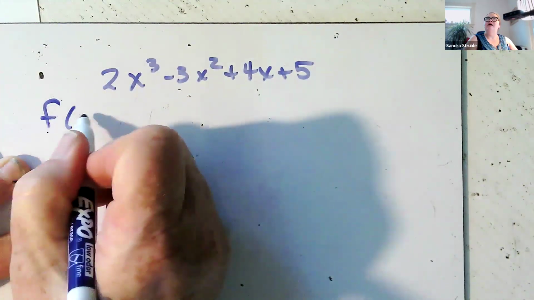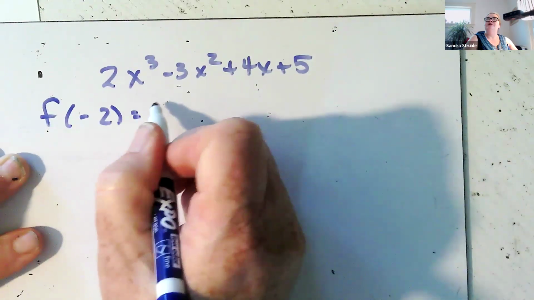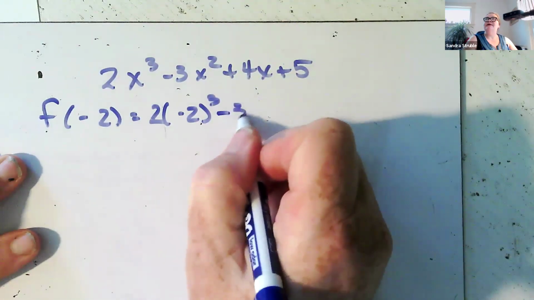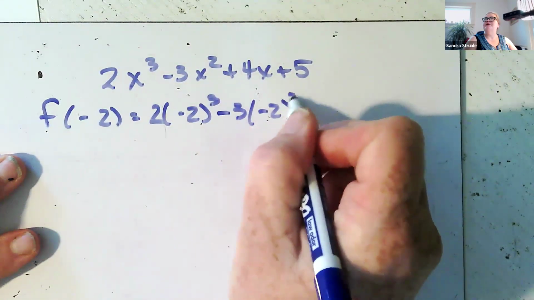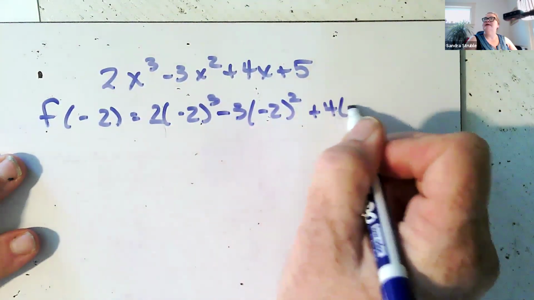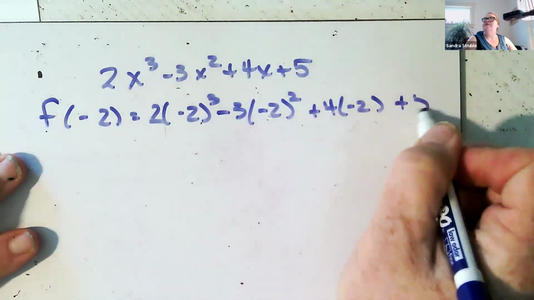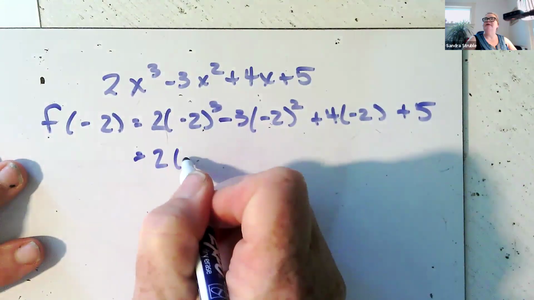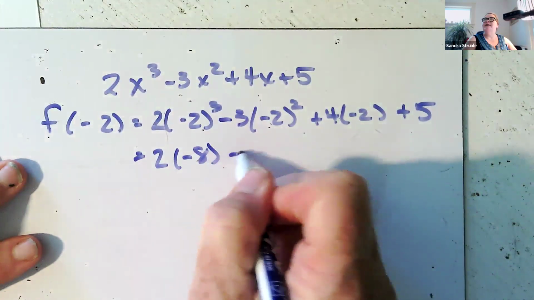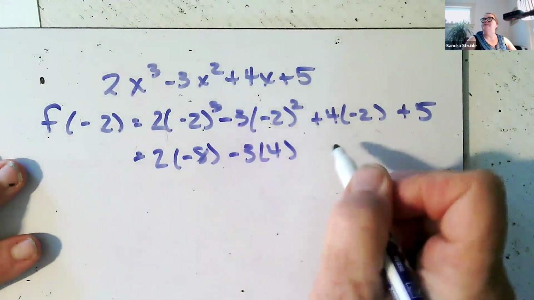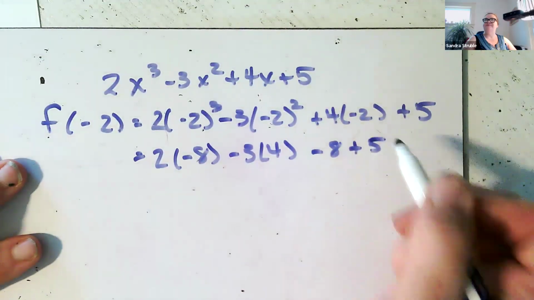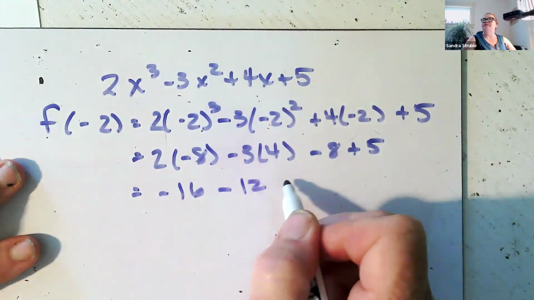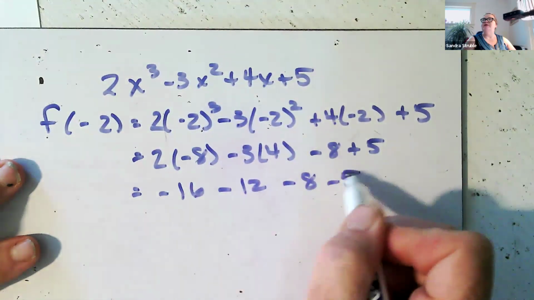So f of -2 is 2 times -2 cubed minus 3 times -2 squared plus 4 times -2 plus 5. We just need to combine these. So this is 2 times -8 minus 3 times 4 minus 8 plus 5, which is -16 minus 12 minus 8 plus 5.